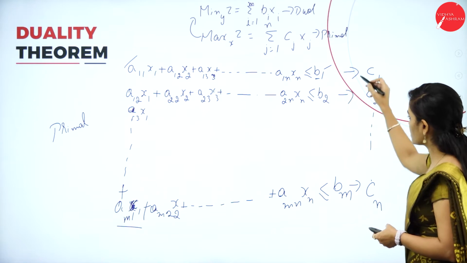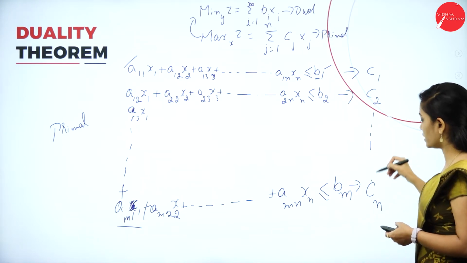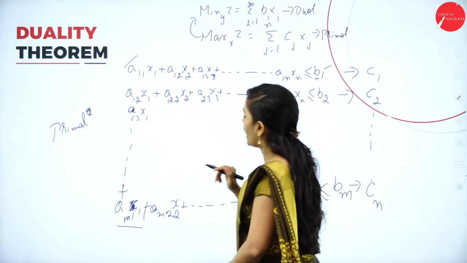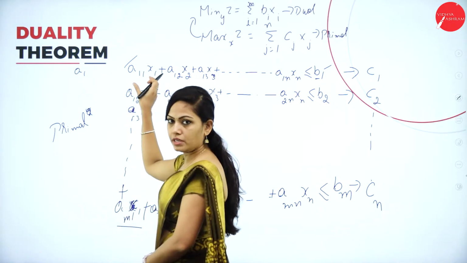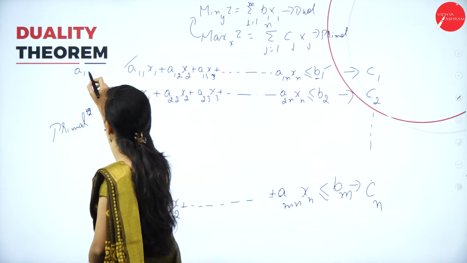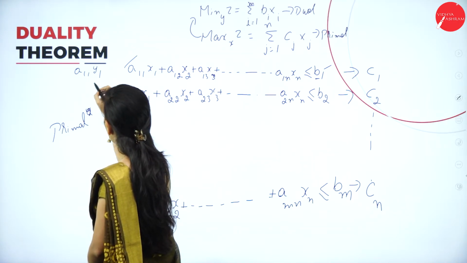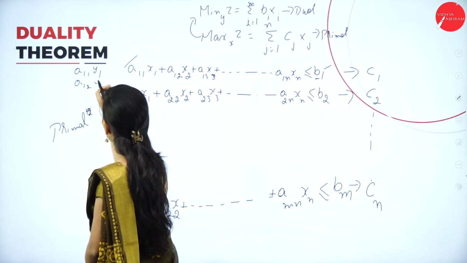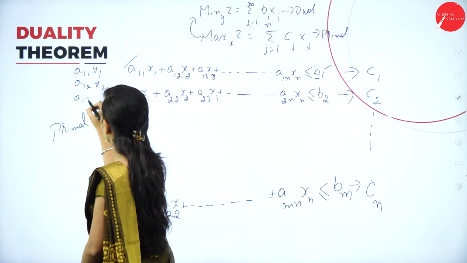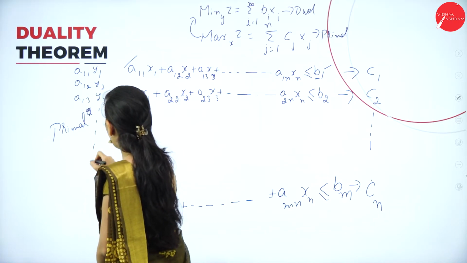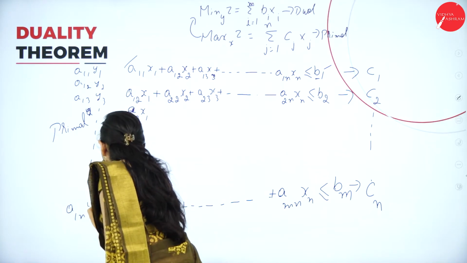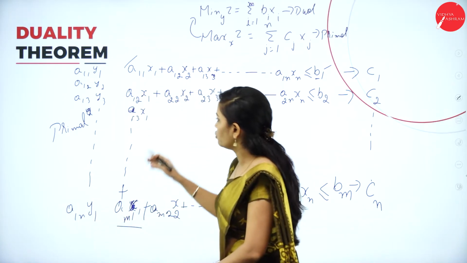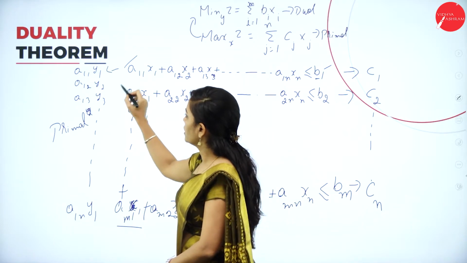So dual of this problem is c1, c2, c3, c4 up to cn, and your LHS changes to a11 y1 and a12 y2 and a13 y3 and so on up to a1n y1. You just cross verify this.